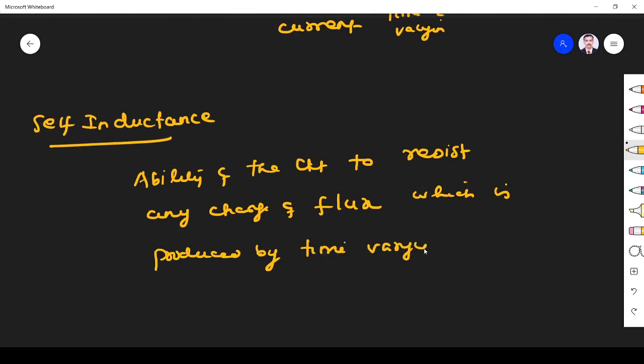Who is producing the flux? The time varying current through the circuit. We know current will produce flux. That's what self-inductance is about.